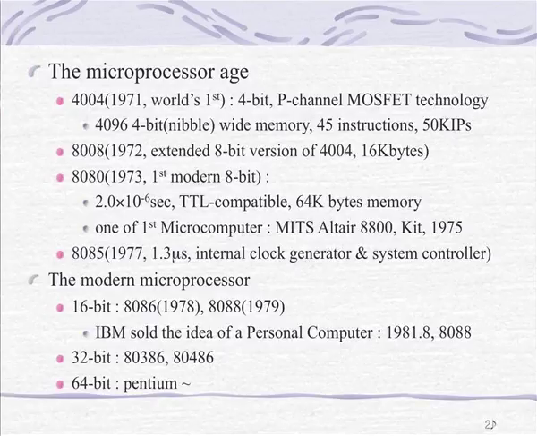The first 16-bit microprocessor was the 8086, developed in 1978, and the 8088, developed in 1979. The 32-bit microprocessors are the 80386, 80486, and the Pentium processors which we use nowadays use a 64-bit data bus.